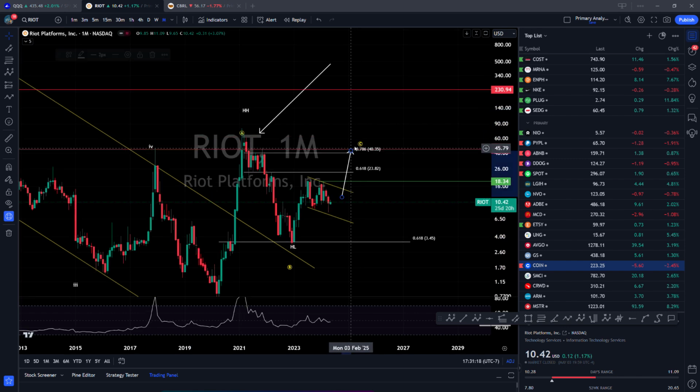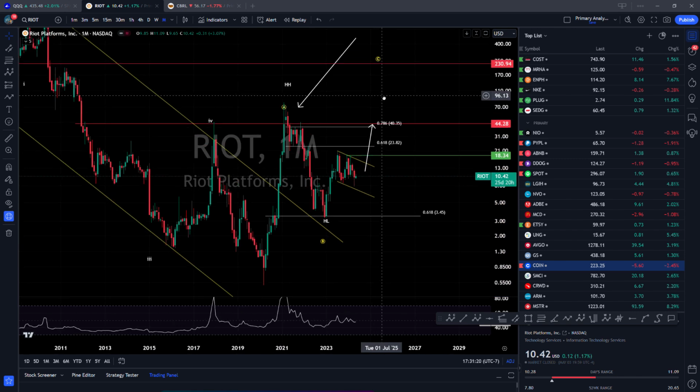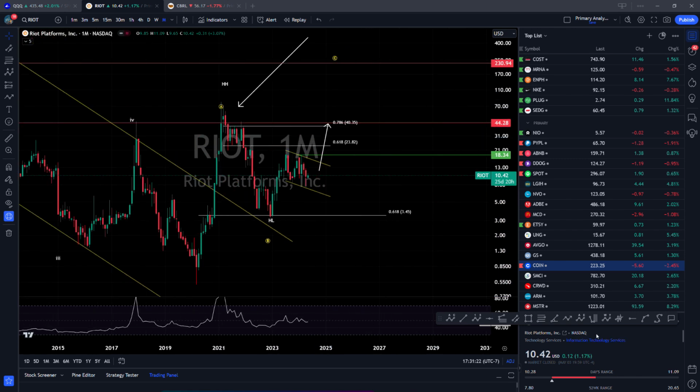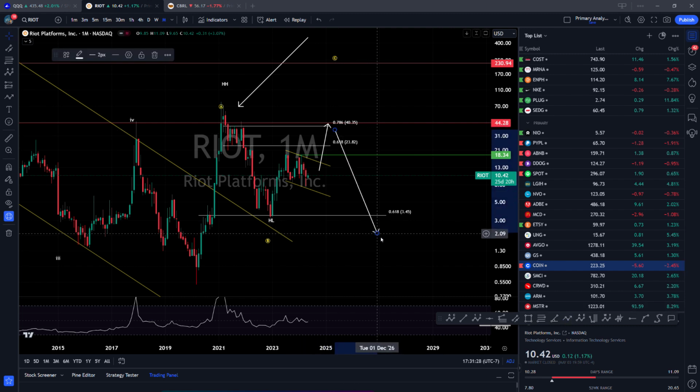And then if Bitcoin completes one of the counts that we are looking at as 5 waves up, then we are looking at this coming down. But at least there is an option to go higher from here, which is still 3x, 4x, as the flag breaks out.